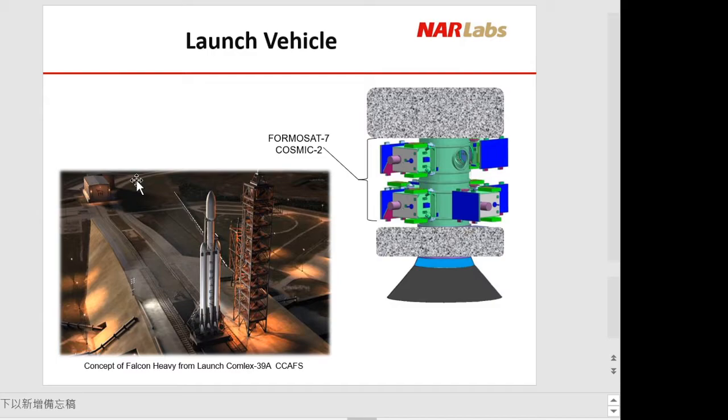The interface we call the S-bar grounded ring. Formosa 7 used 2 rings. You can see 2 of them are attached to the upper ring, and 4 of them are attached to the lower ring.